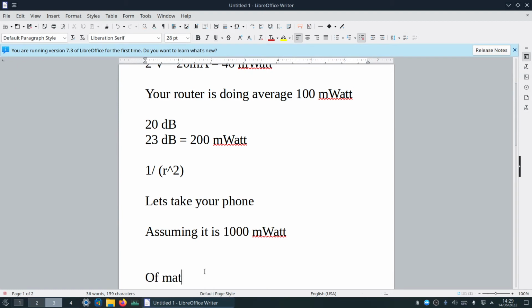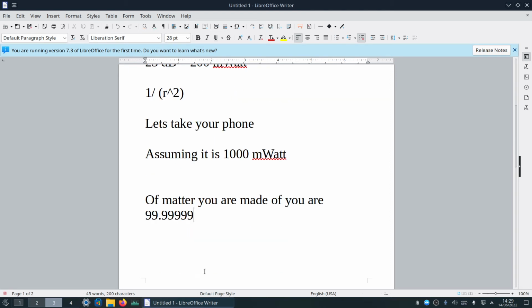Of the matter you are made of, you are 99.9999998 percent nothing. Emptiness.